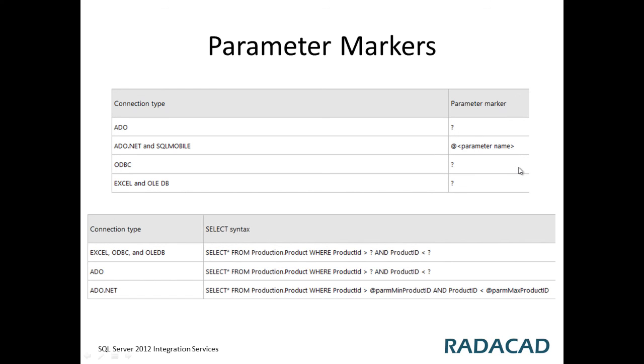For example, if you have an OLEDB connection, as you can see, you can put parameter markers here as a question mark. If you use ADO.NET, you can set parameter names like this: @parameter min product ID or @parameter max product ID. These are parameter markers which you will set in your T-SQL statement in Execute SQL Task.